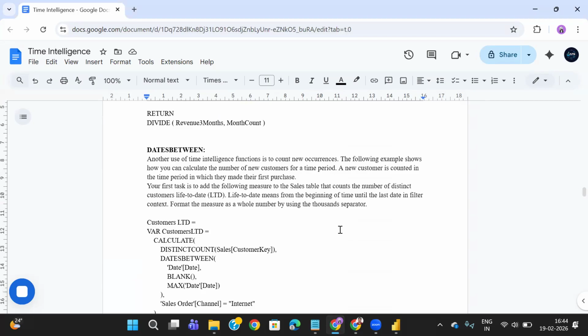Now we are going to look into how we can create a measure or DAX with help of dates between. There are 3 minutes left.